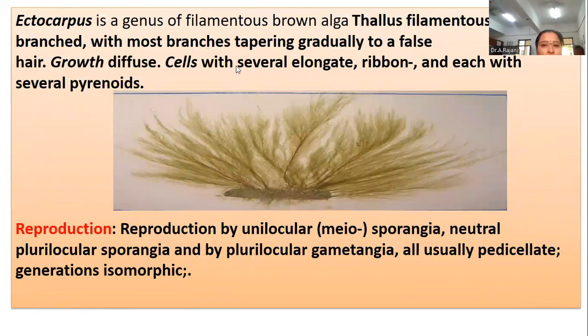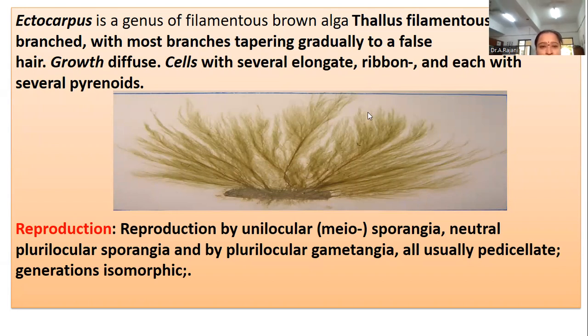Ectocarpus is a genus of filamentous brown algae. The thallus is filamentous and branching, with mostly tapering branches, and false branches are also present.